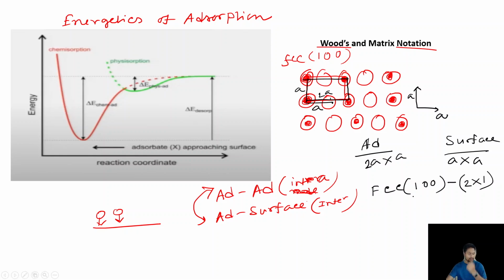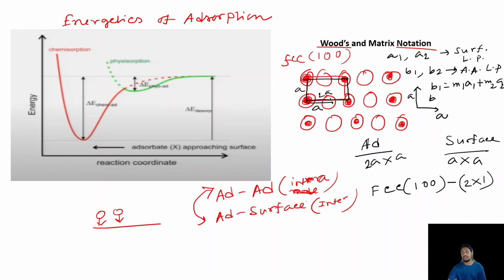But matrix notation is somewhat general. Let's say A1 and A2 are the surface lattice parameters, and B1 and B2 are the add atom lattice parameters. Normally B1 is written as M11 A1 plus M12 A2, and B2 is written as M21 A1 plus M22 A2, right?